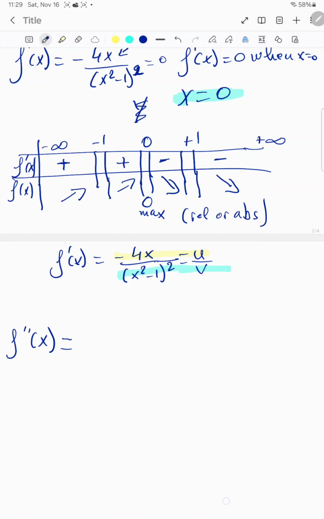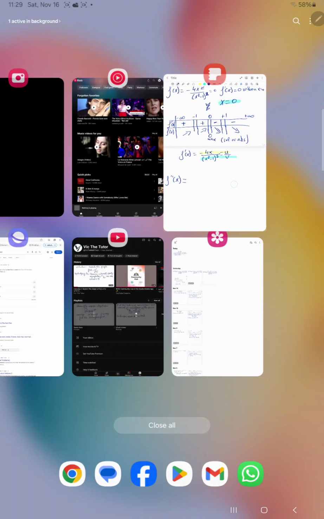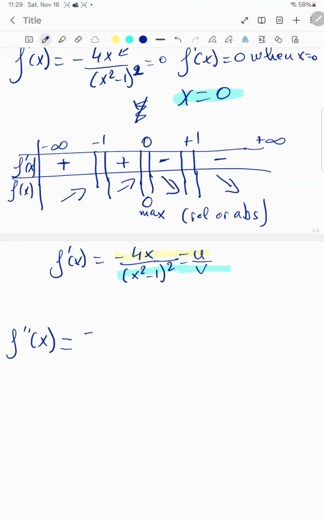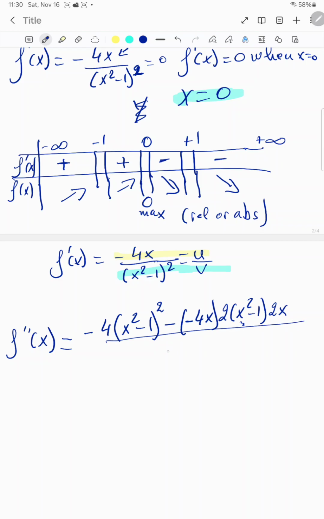So f second of x is equal to u prime v minus u v prime. U prime is minus 4 times v, x square minus 1 square, minus u v prime. My u is minus 4x, and my v prime is 2 times x square minus 1 multiplied by the derivative of x square, which is 2x, divided by v square. I already have it to the power of 2, so it becomes to the power of 4. X square minus 1 to the power of 4.